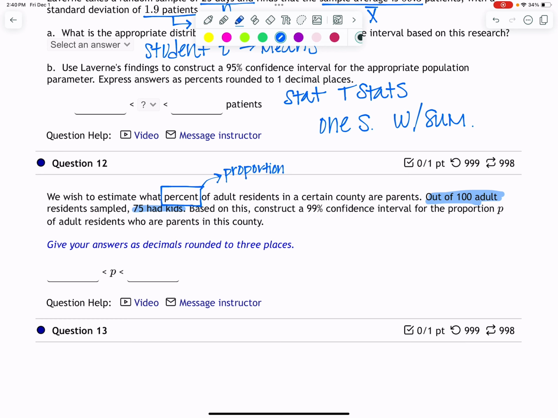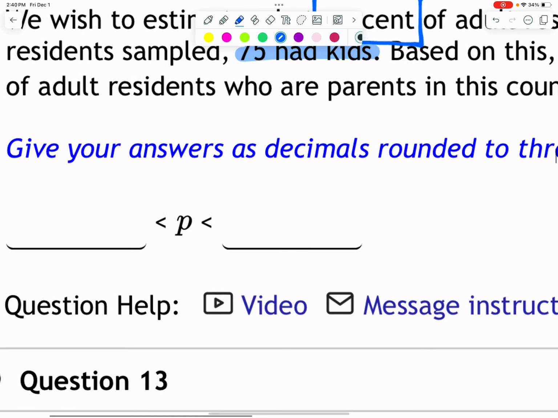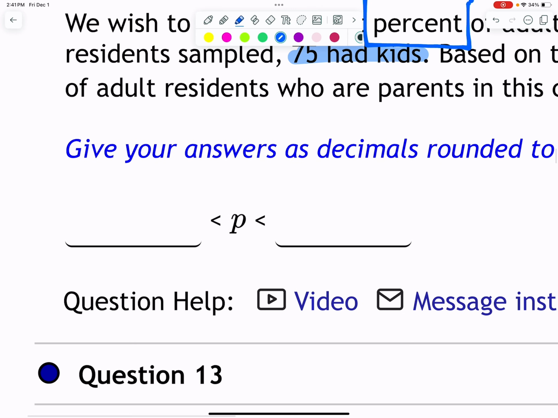Number of observations was 100. And we want a confidence interval with a 99% confidence level. And so they give you a lower limit, we want 3 decimal places, of 0.638. And an upper limit of 0.862.